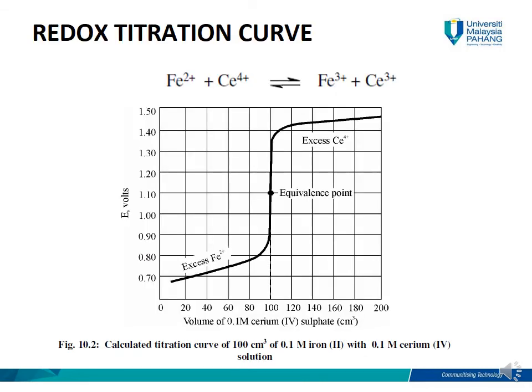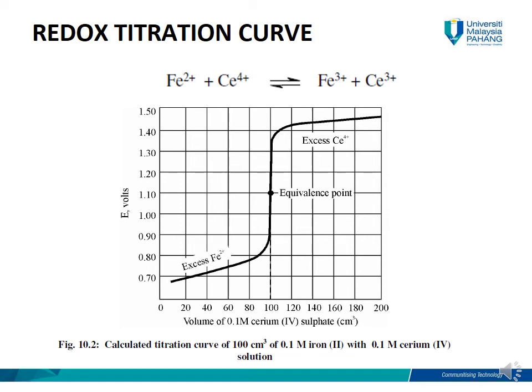Okay, so now let's look at the titration curve involved in the redox titration process. Basically, when we have two elements in the mixture, you can easily identify the equivalence point.